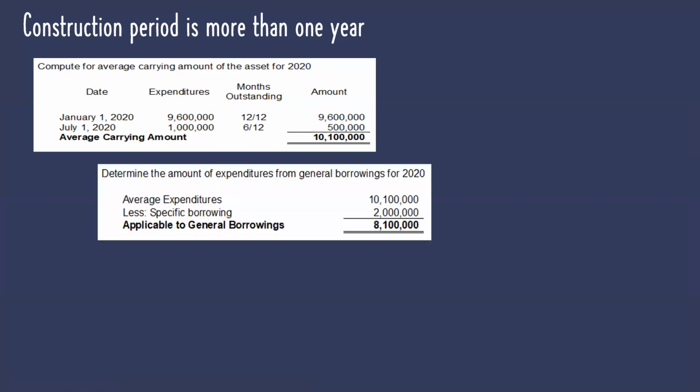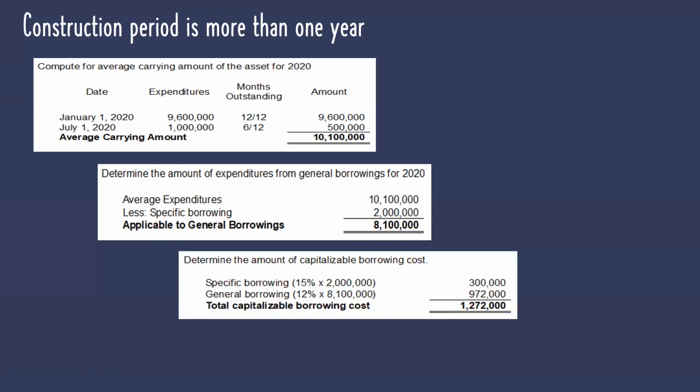So the next thing is, of course, you determine naman how much of this expenditure is applicable for general borrowings. So if our average expenditures as computed is 10.1 million, and then yung specific borrowing natin ay 2 million, so what is applicable to general borrowings is only 8,100,000. So yung 8,100,000 na yan yung gagamitin natin pag-compute sa applicable na borrowing cost, which is capitalizable.